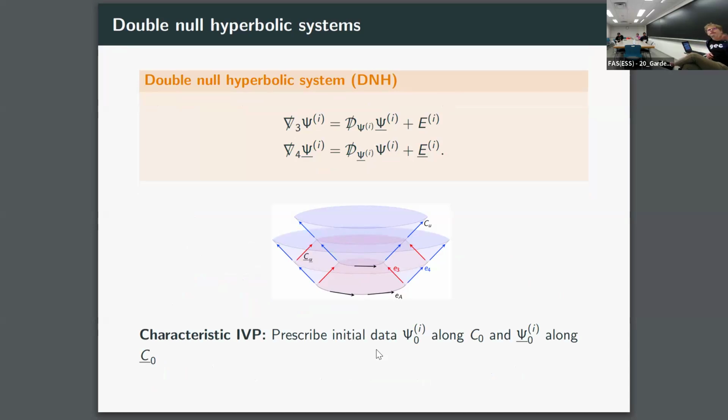Right, the idea being that if we just focus on the first set of equations, these nabla-3 equations first, then I would think of initial data, psi naught, being prescribed along these outgoing C0s, these blue cones. And then I ask, how do they evolve in time? Well, the equation tells me how they evolve in the red E3 directions. And conversely with the psi bars, those are prescribed on these initial C bar 0s. And then the equations tell me how that unknown propagates, how it changes in the outgoing E4 direction.